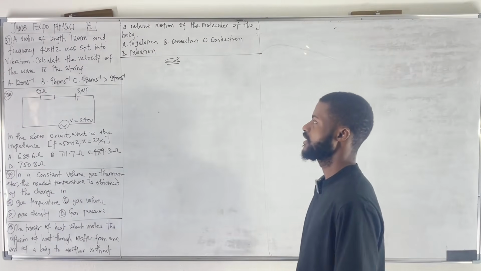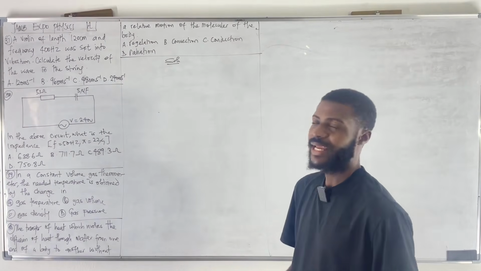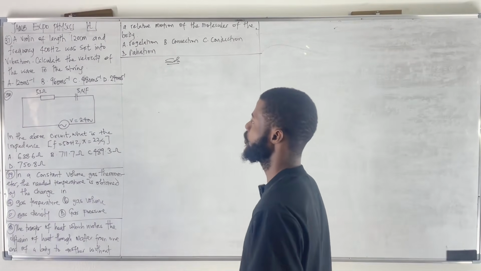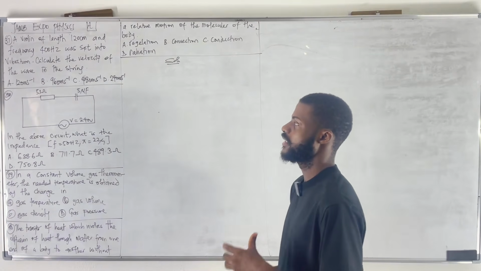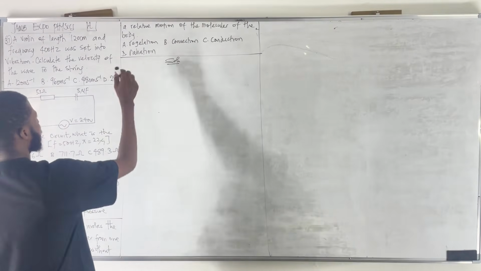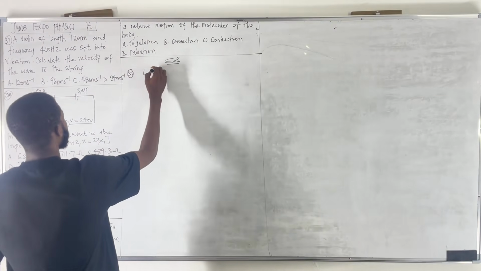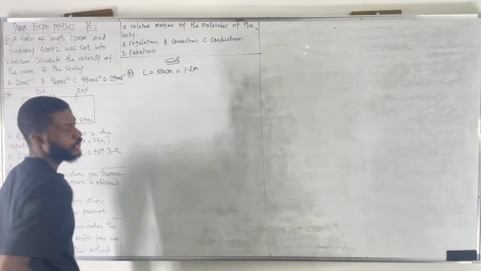Question 37 says a violin of length 120 cm and frequency of 400 Hz was set into vibration. You have to find the velocity of the frequency in the string. So to start with, the length here is 120 cm, so this is 1.2 meters when you convert.